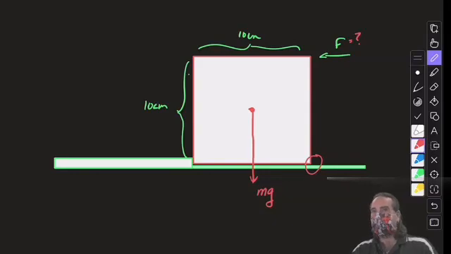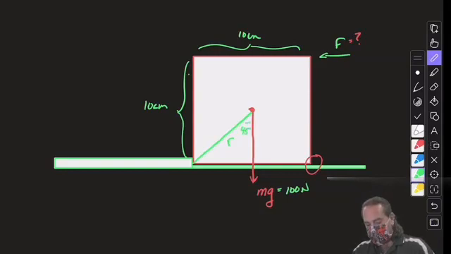It's almost the exact same question as what you just did, but with 2 distinct differences. First, this is the torque arm for the weight, which since you have a 10 kilogram box, you know that this is 100 newtons. And you also know that this is 45 degrees.